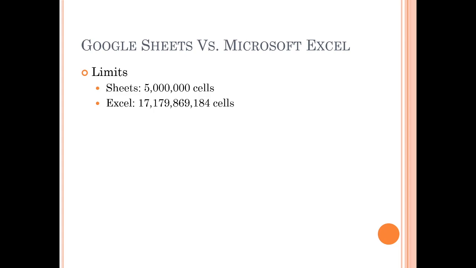Also, one of the nice things is if you are using either one of those, you can work on multiple machines, like your desktop at home or on a tablet, and work off of that on both of these. So it's pretty cool. That works out pretty well. So if you need heavy lifting, Excel is the way to go.